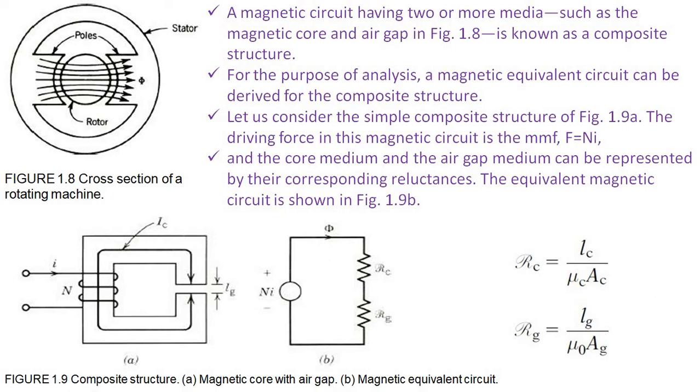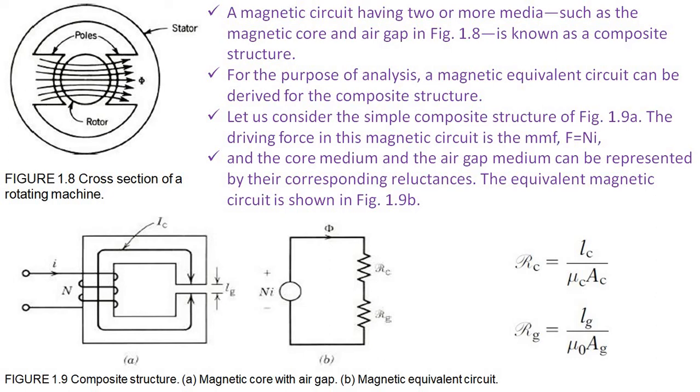Here the magnetic circuit is represented for the magnetic core and also the air gap. Here Rc, that means reluctance of the core, is equal to Lc divided by mu c into Ac. That means the core length, core permeability, and then core area.